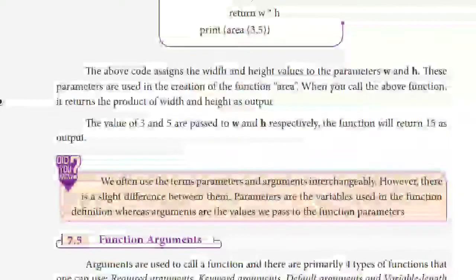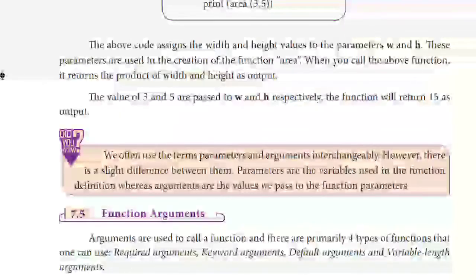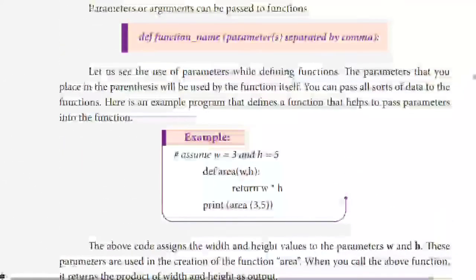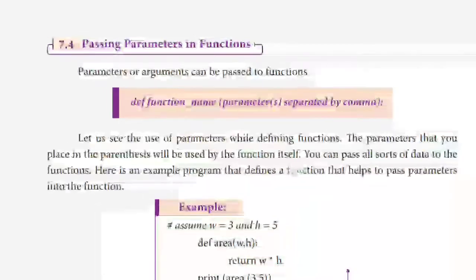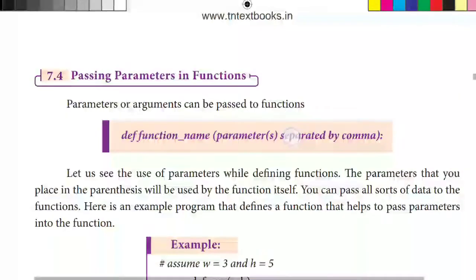We'll see the difference between these two things shortly. Parameters and arguments can be passed to the function. They are both the same thing, but there is a small difference.